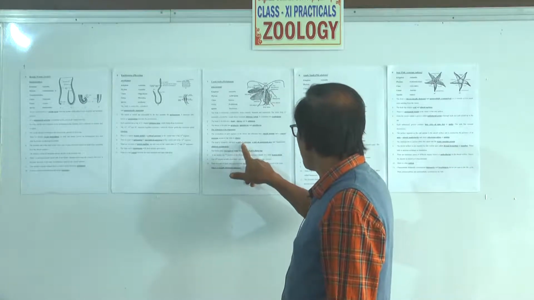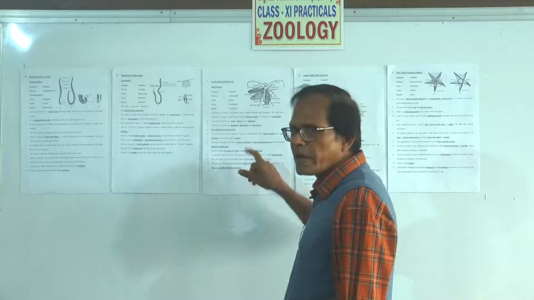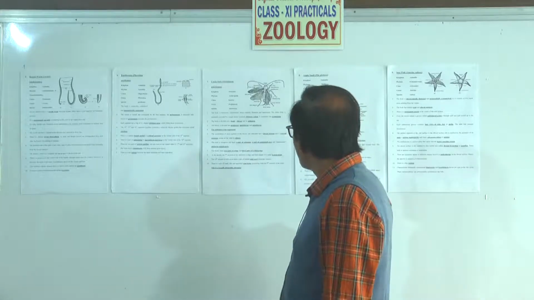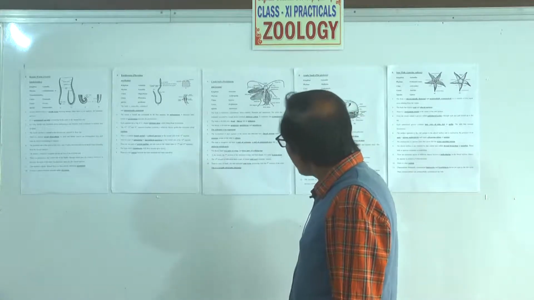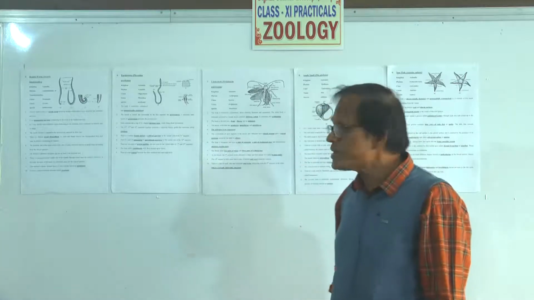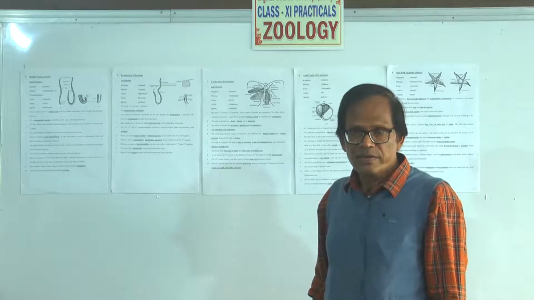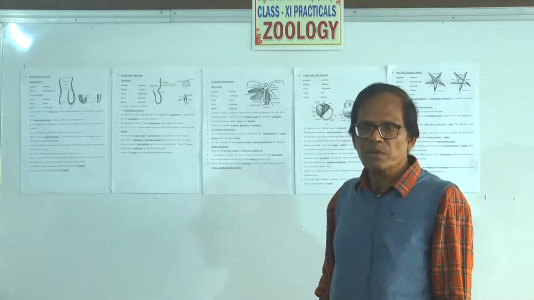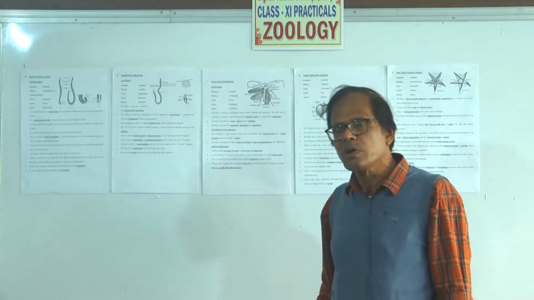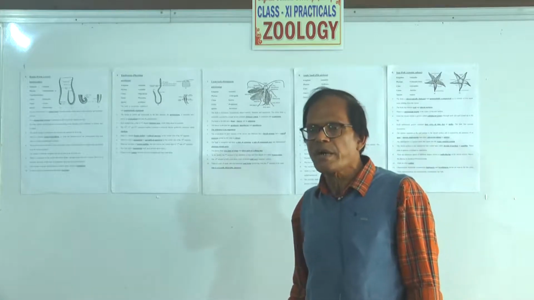So, there will be a pair of antennae. Remember, the head bears a pair of antennae, a pair of compound eyes, and characteristic chitinous mouth parts. The names of the mouth parts you need not mention in the examination.